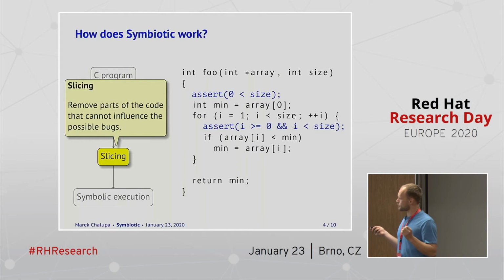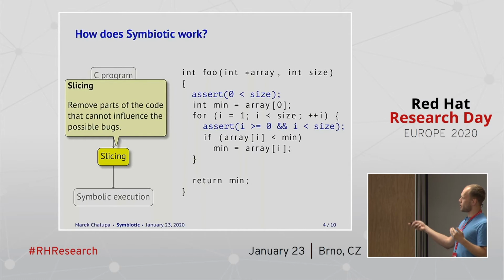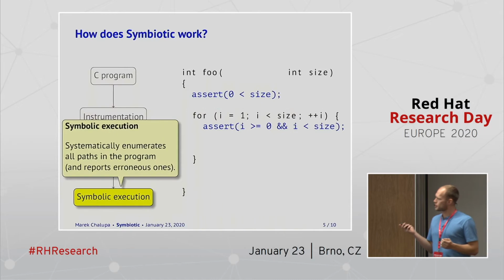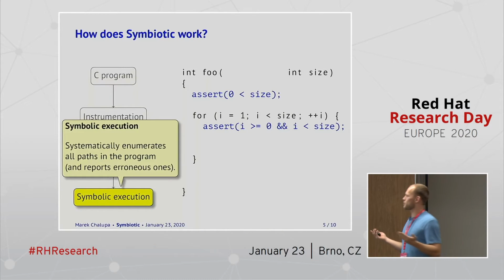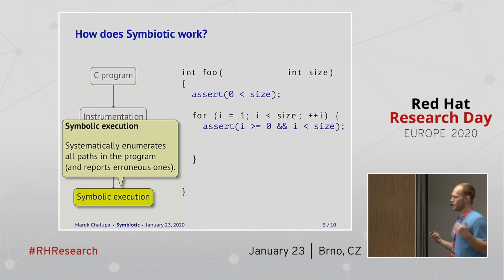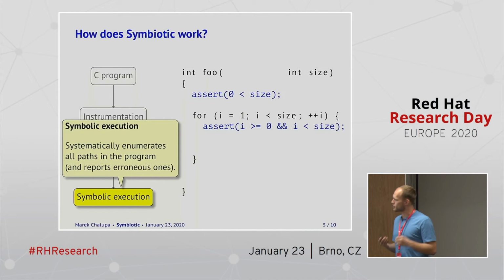So in this case, if we are interested in these assertions, then the computation of minima and the accesses to the array are redundant during the verification of the assertions. So we can remove them, and we are left with a much smaller program. Well, usually a much smaller program, and this program can then be analyzed by, let's say, an arbitrary verification technique. We use symbolic execution by default, and how it works, I will tell you in a minute.